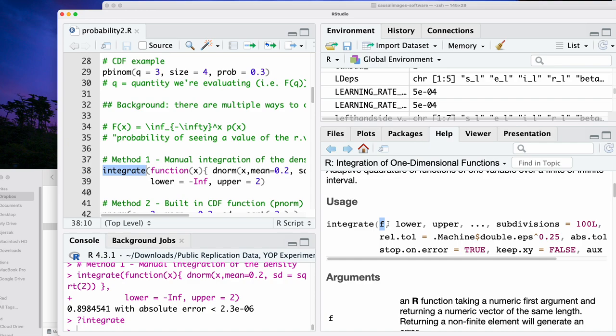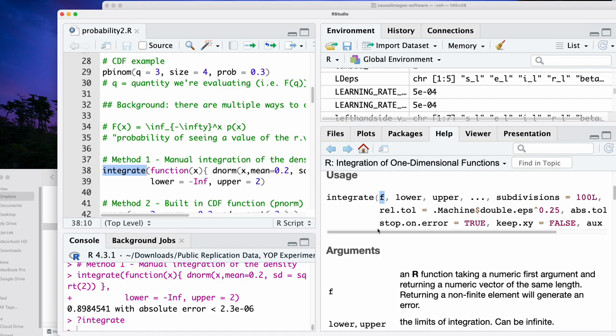It's like characters in a story. You have the matrix character, and then you have the function character, and you can work them together. So one of the inputs to this integrate function, this f, is a function. This is the function that we're trying to integrate. You can think of f here, which I'm highlighting, as this p of x thing that we have here.